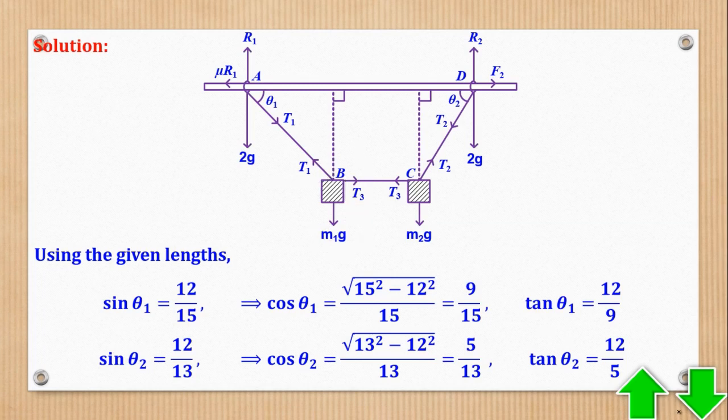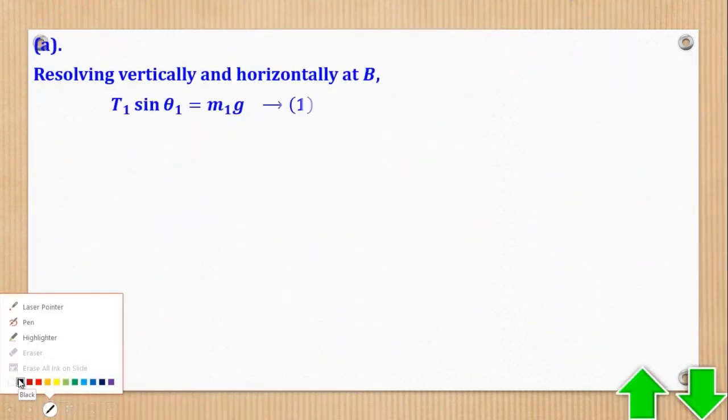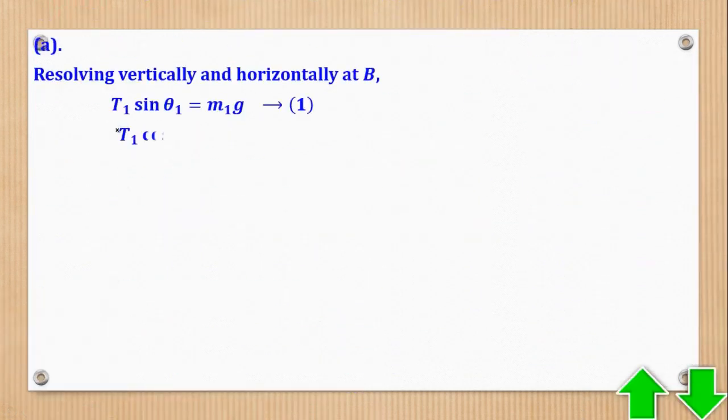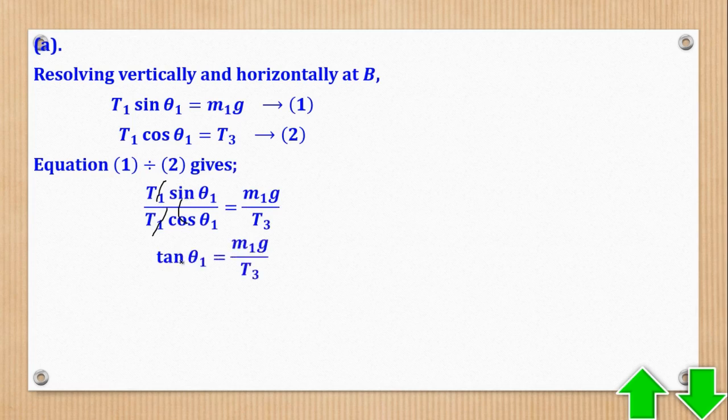So you resolve that, and you have that vertically and that horizontally. When I divide the two equations, I come up with that. Then this cancels, and this gives me tan. But I know that tan theta 1 is equal to 12 over 9. So substitute, then make T3 the subject.